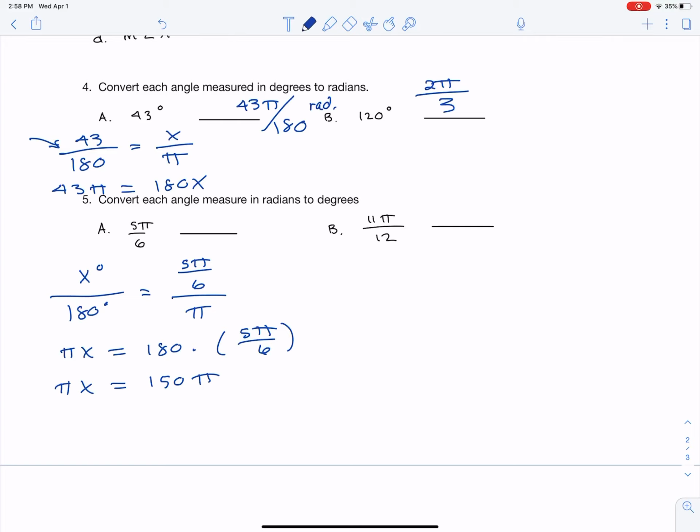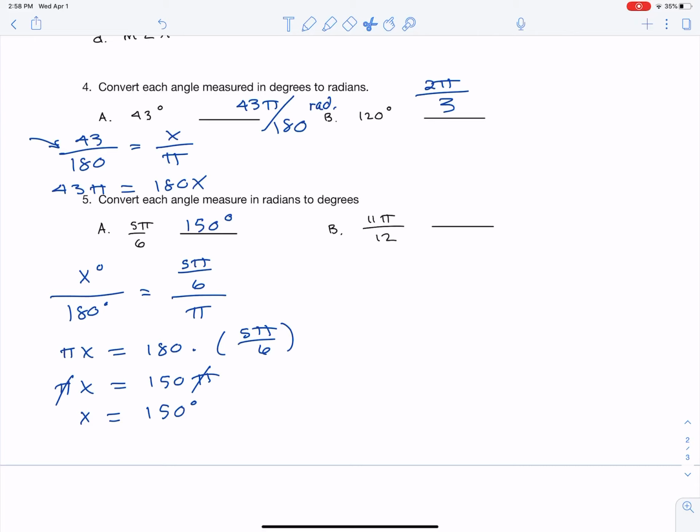Dividing pi to both sides, or canceling out a pi on both sides, I get x equals 150 degrees. Again, this was one of our angles that we should have just known using our unit circle, but you didn't have to do that.